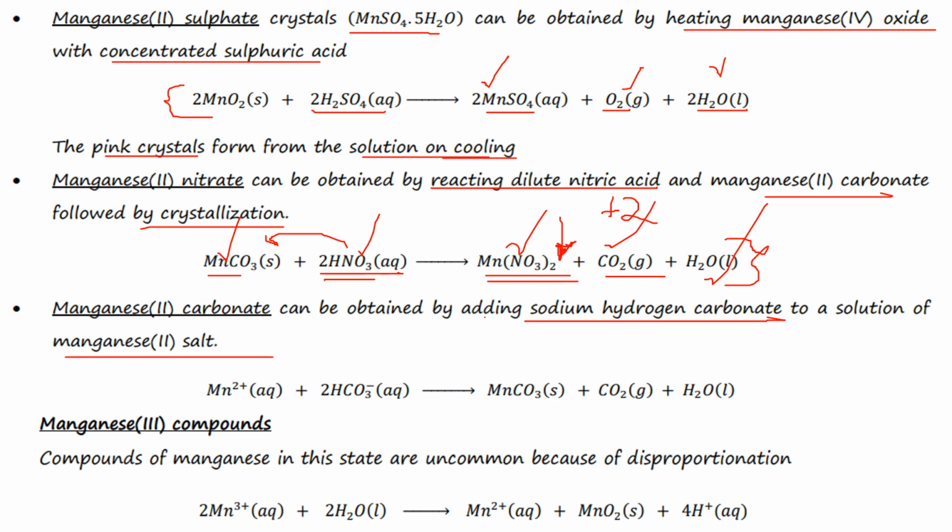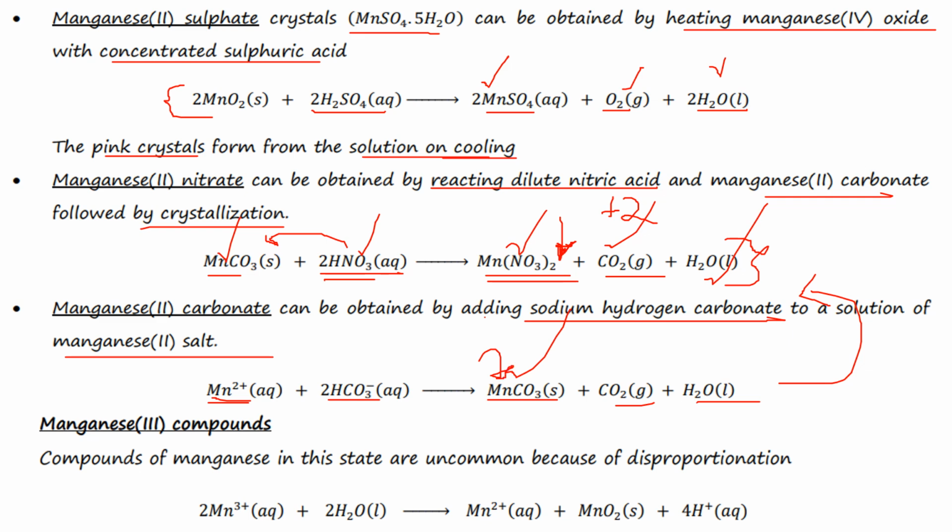So when you're having sodium hydrogen carbonate, what you're interested in is the hydrogen carbonate ion, and then you react it with a solution containing manganese(II) ions to get you the manganese(II) carbonate, carbon dioxide together with water, just like previously above. Now this is a precipitation reaction since manganese(II) carbonate is a precipitate.